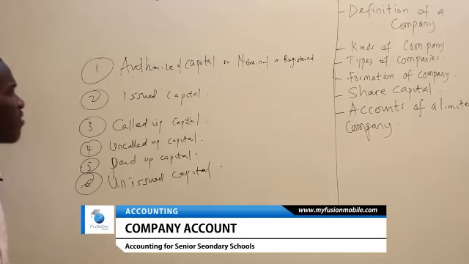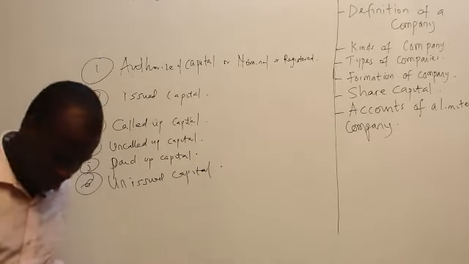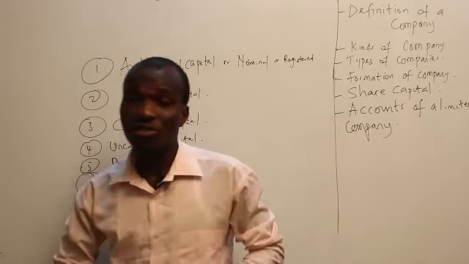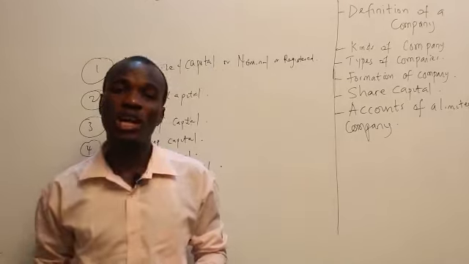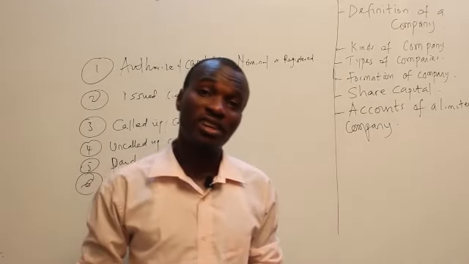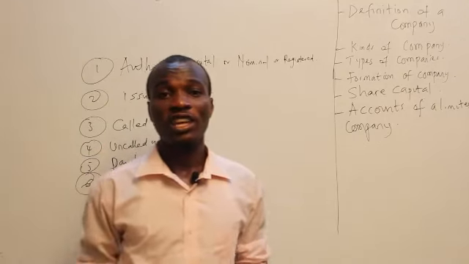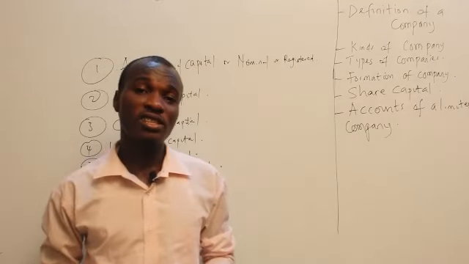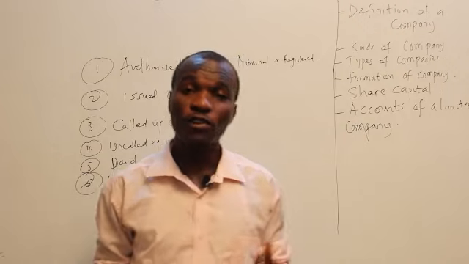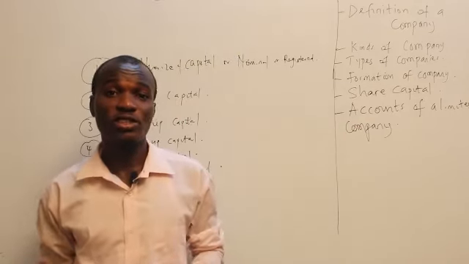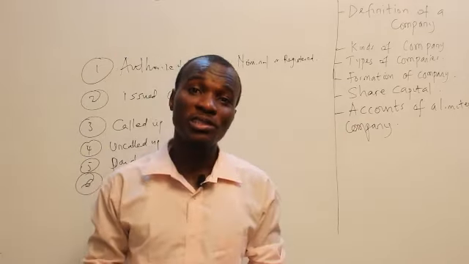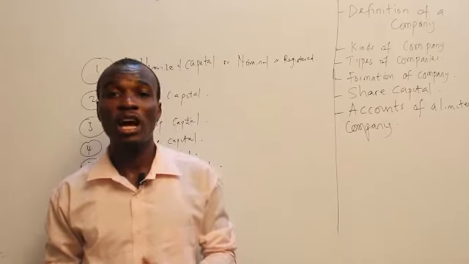So the first thing we have here is the authorized or nominal or registered capital. As stated earlier, the memorandum of association is the document that contains the authorized or registered capital of the company. Such capital will be stated in the memorandum of association.